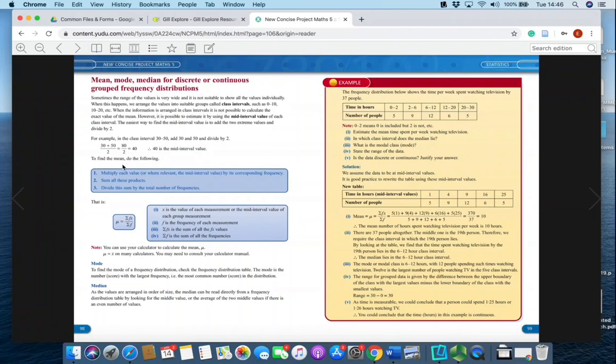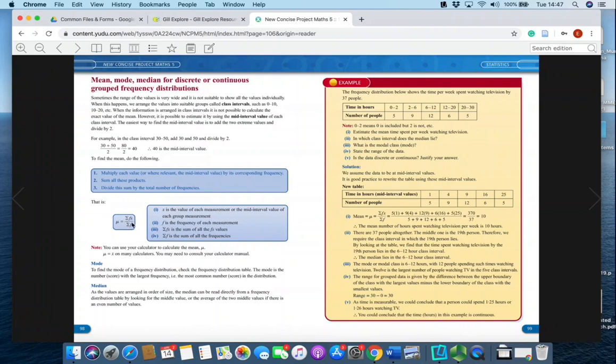To find the mean of such a table, multiply each value by its corresponding frequency, sum all the products, and divide by the total number of values. It is a similar formula, and again this is in your log tables on page 33.